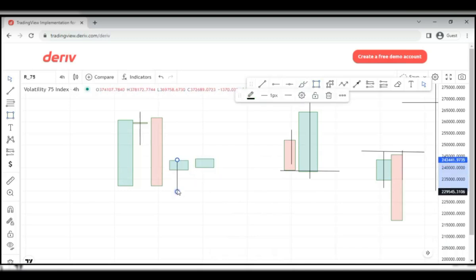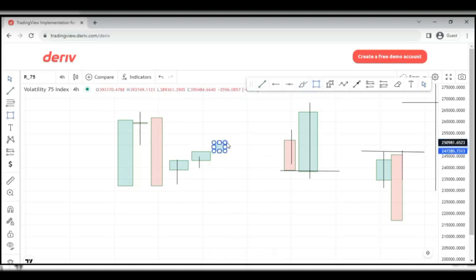If it has a lower wick, okay, and the three green men or the three white soldiers.